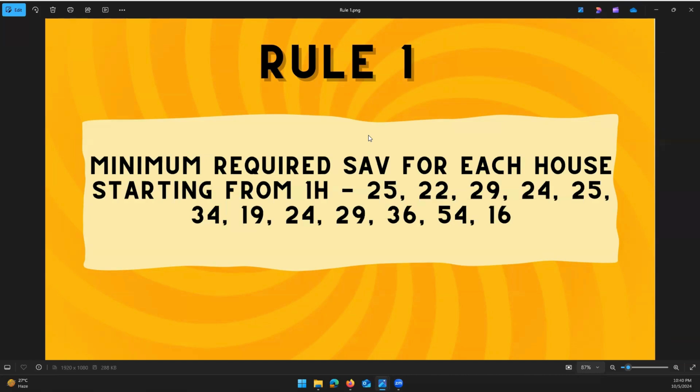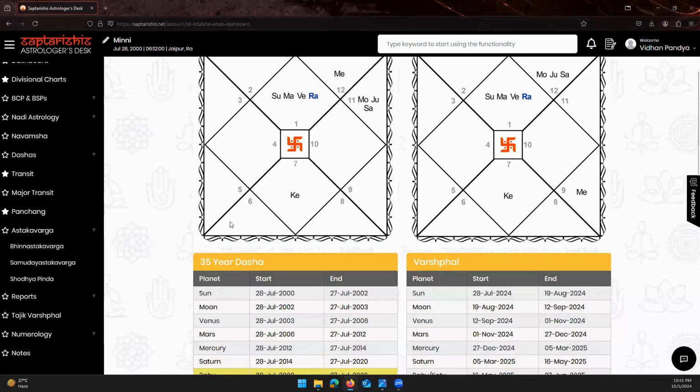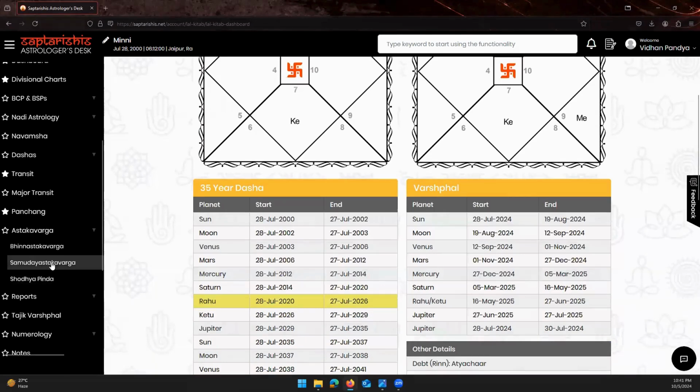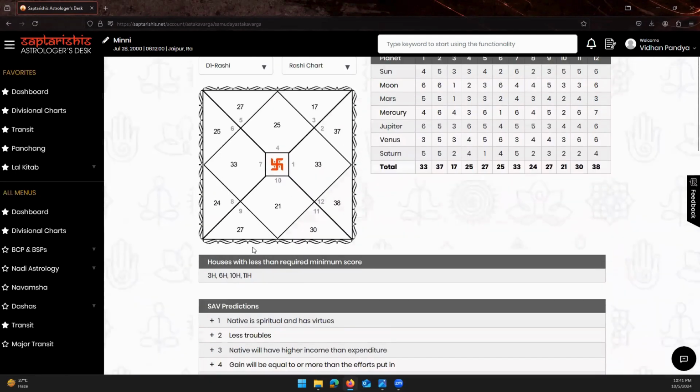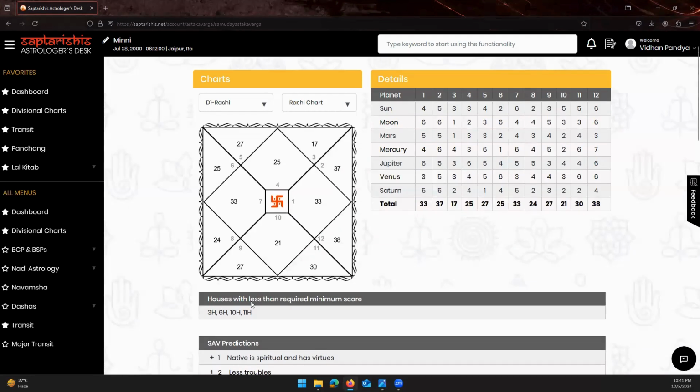That's what this rule says. So we have to make sure we compare how many points each house has and which houses are getting less than the minimum score. For this, you can always go to this Samudayak Astakavarga page, and here you will find houses with less than the required minimum score.